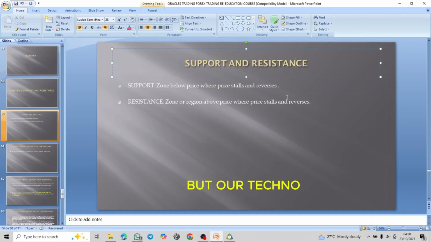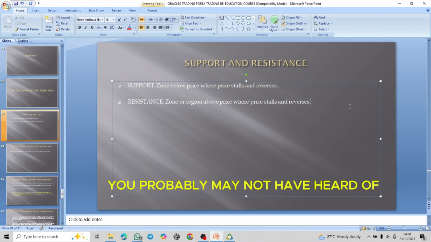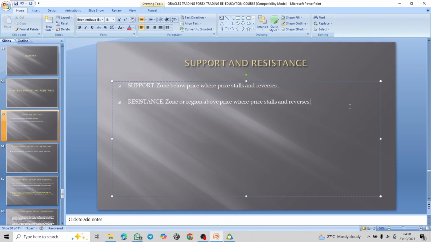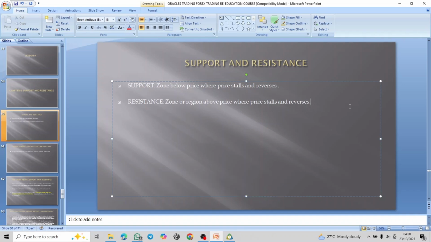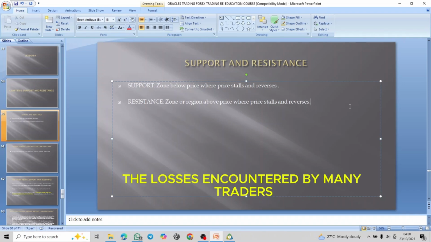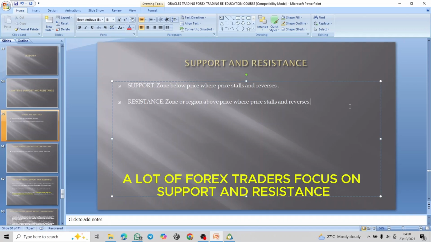But our technique is going to be something that you probably may not have heard of, because this issue of support and resistance has contributed to the losses encountered by many traders. A lot of Forex traders focus on support and resistance.